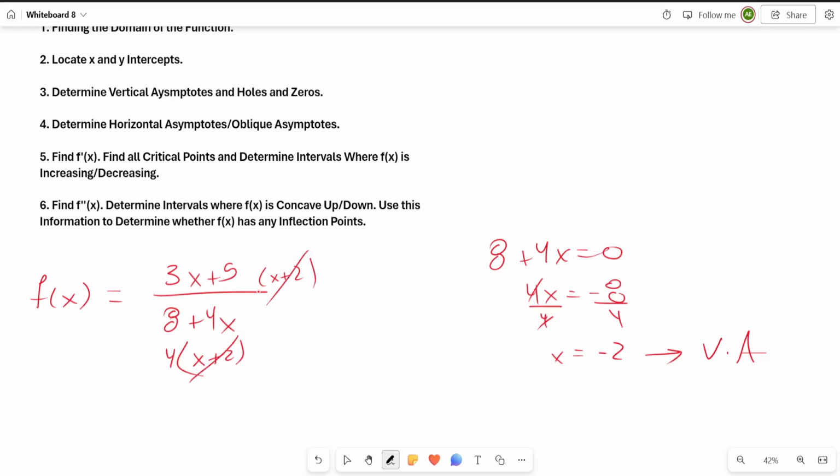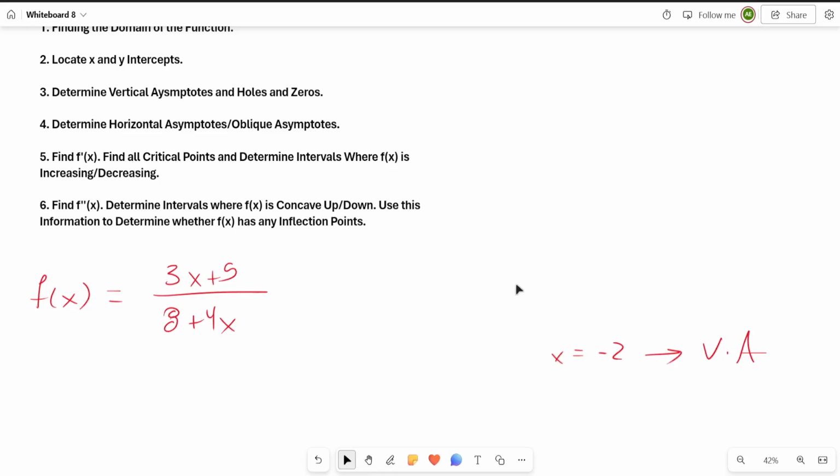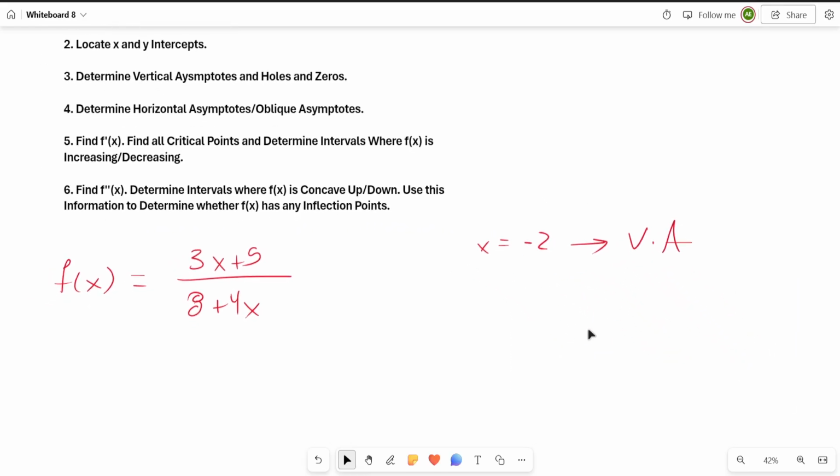Since there is a factor shared in the numerator and they cancel, then it is no longer going to be a vertical asymptote, it's going to be a hole. If you would like to check in detail how to differentiate, click on the top right hand corner. It's super useful. So up until now we know that we have x equals -2 as a vertical asymptote.